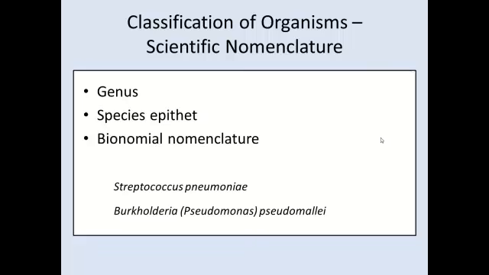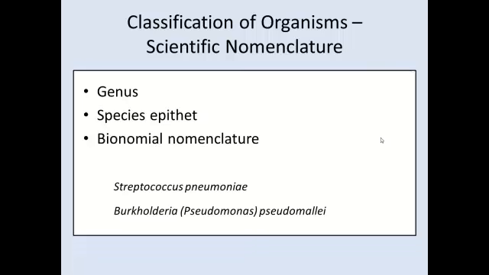And when you see a situation like this, where you see another genus name in parentheses in the center, this is because as we continue to do DNA research, we reorganize the various classifications. So in this situation, this particular organism used to be in the genus Pseudomonas, but as we did more research, it turns out that it's not terribly related to the other pseudomonads.